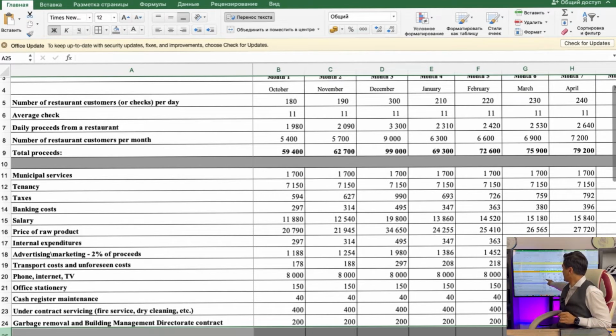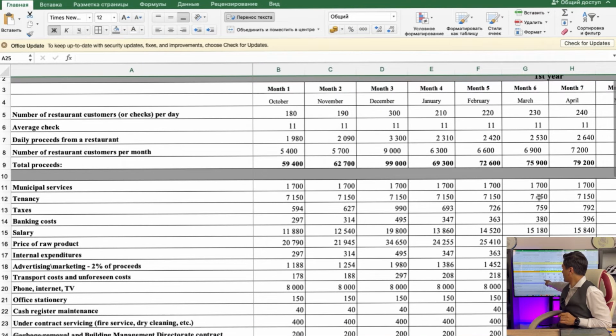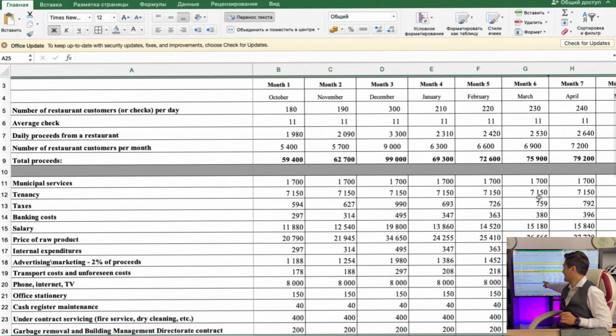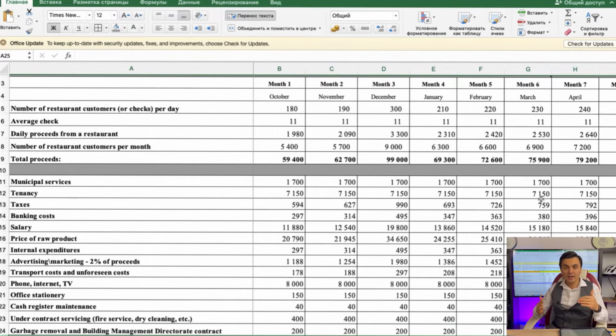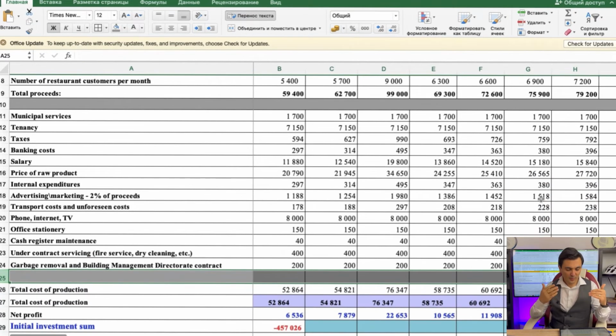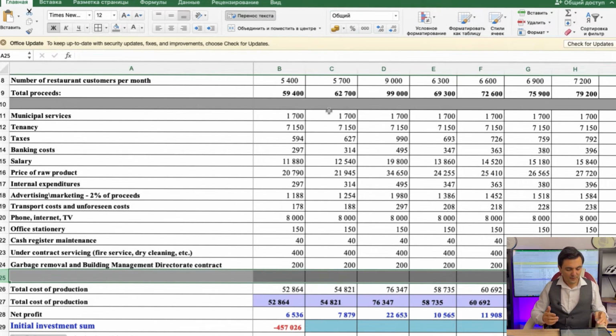So you multiply your average proceeds, which is 144,000 rubles, by 30 days, and there you have total monthly revenue. Thus, you realize that your proceeds from this restaurant will constitute 4,320,000 rubles. Everything is really easy. I hope you got it.